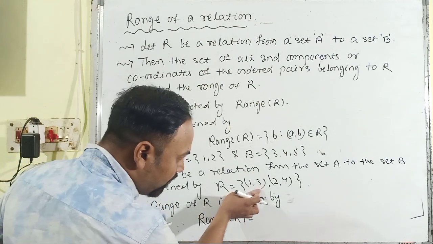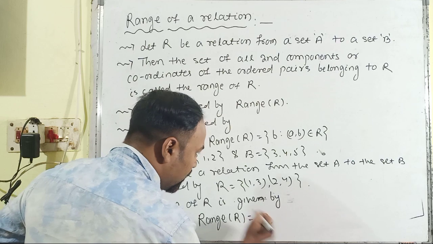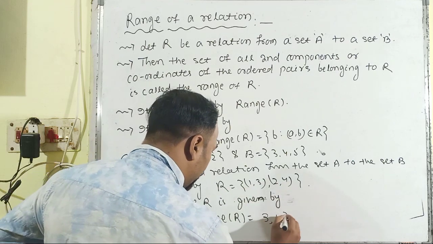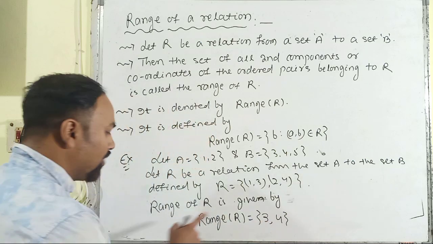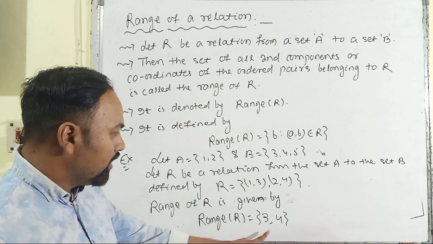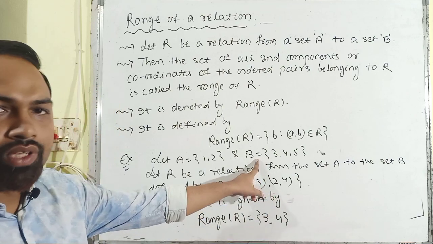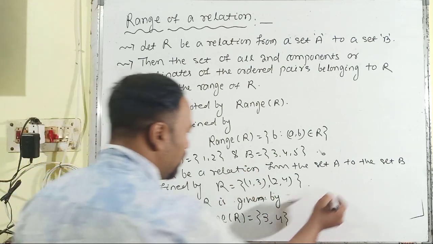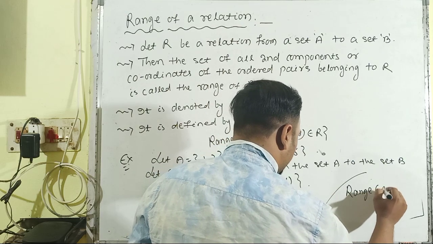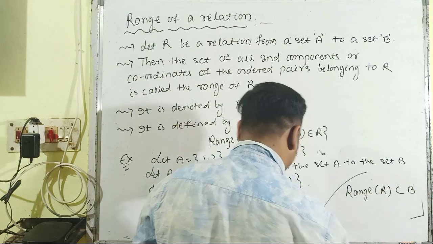The second component of the first ordered pair is 3. The second component of the second ordered pair is 4. And you can see that this range of the relation R is a subset of B. That means here we have found range R is a subset of B.